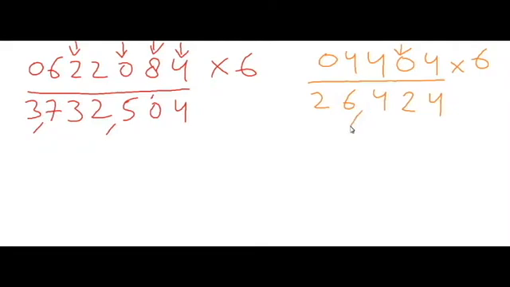So we got 26,424. Now let me write down the rule. To each figure add half of the neighbor.